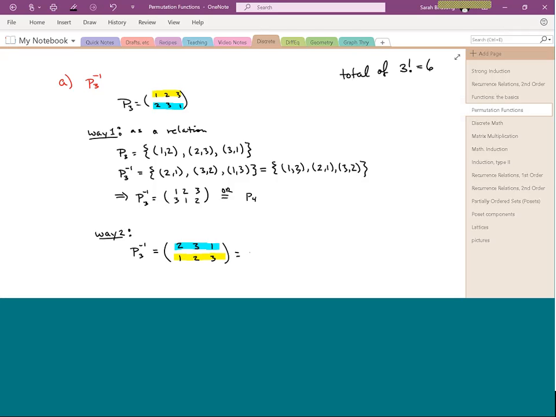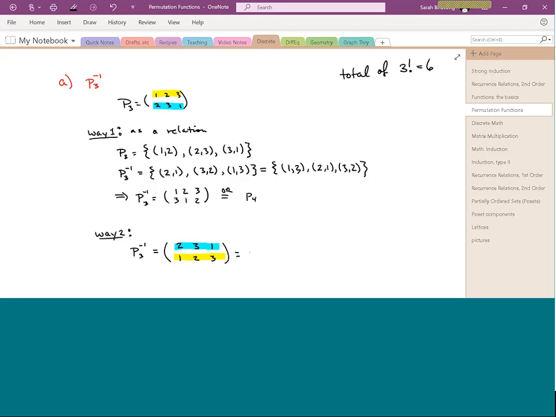Now, while you're looking at that, any guesses why we would flip the rows here when we're dealing with the inverse function? Why would we flip-flop those rows? Any guesses?